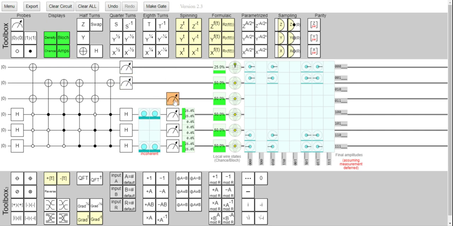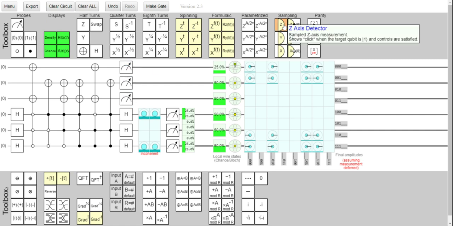How can I do that? I think there was a way to do that, not to indicate measurement, but to indicate basically exactly sampling. Samples that shows click when the target keyword is 1 and controls are satisfied.